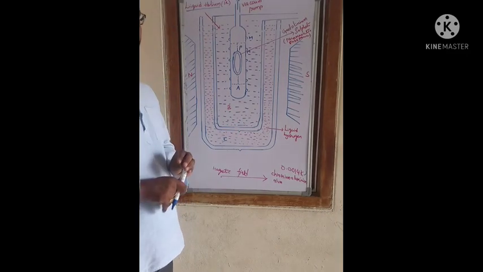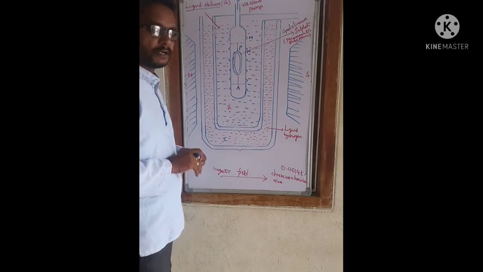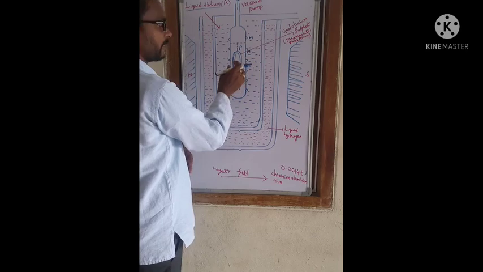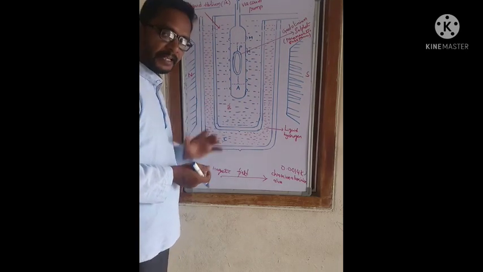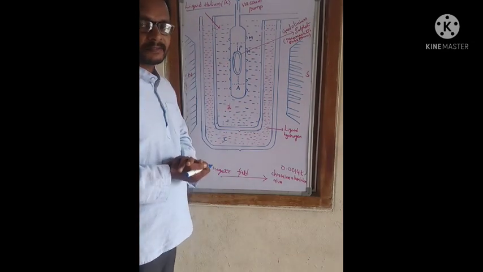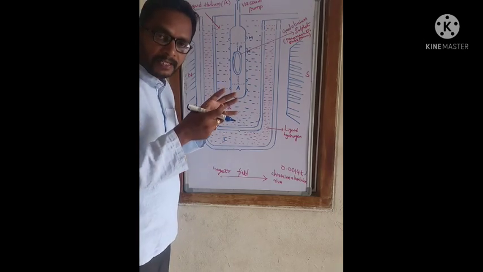Let us see how we can get low temperatures. Initially, the gadolinium sulfate, which acts as a paramagnetic substance, is hanging in chamber A. Chamber A is filled with helium gas.